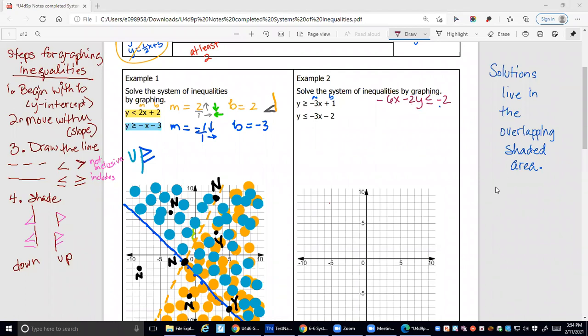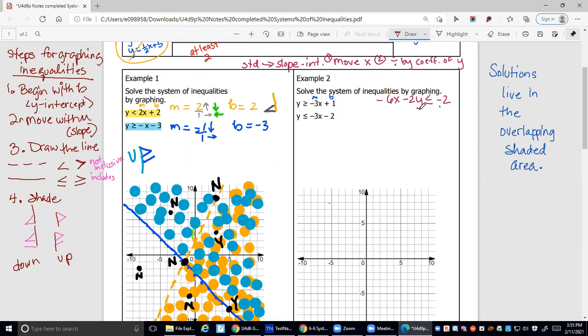If you don't remember, the 2 steps to go from standard to slope-intercept are: number 1, move x, and number 2, divide by the coefficient of y.